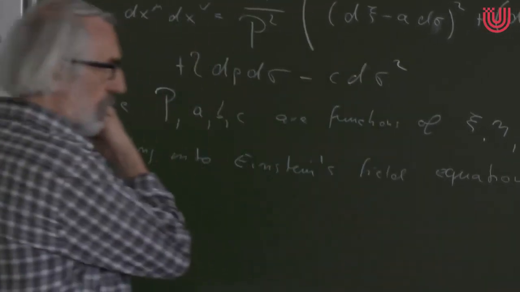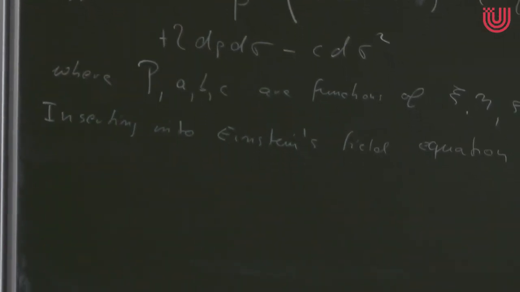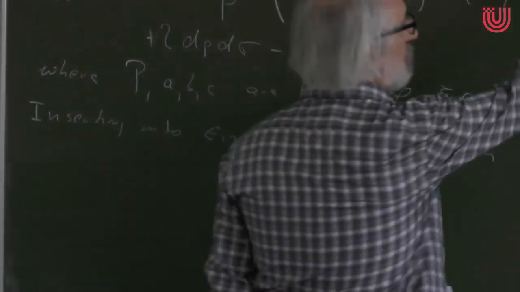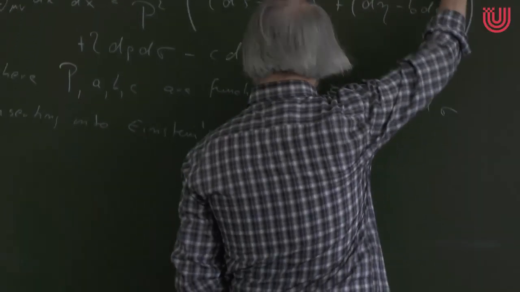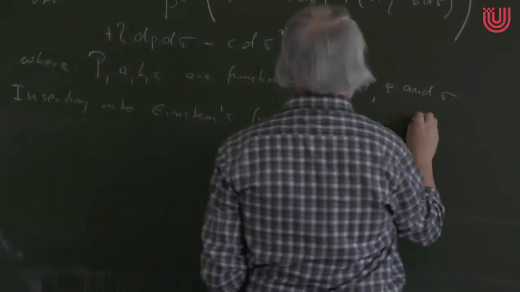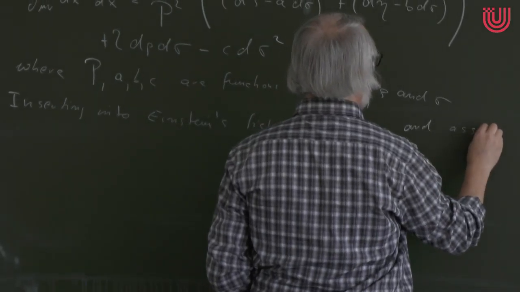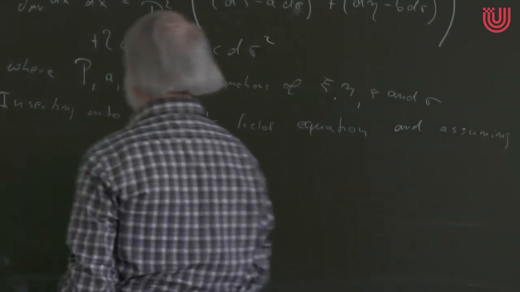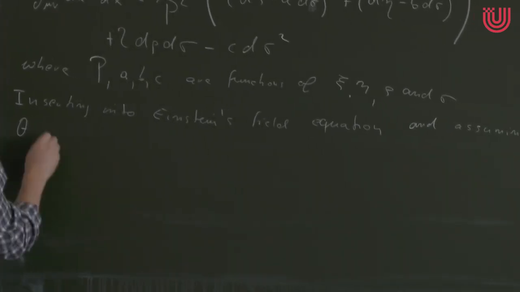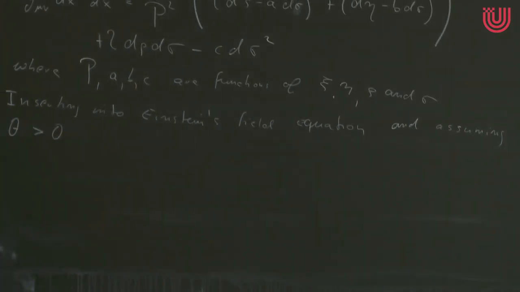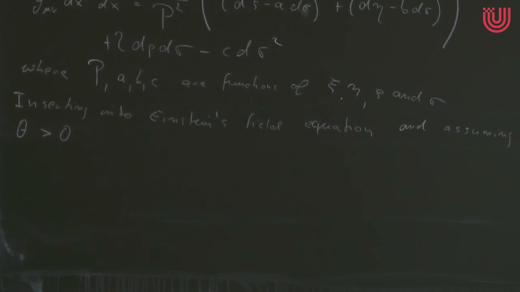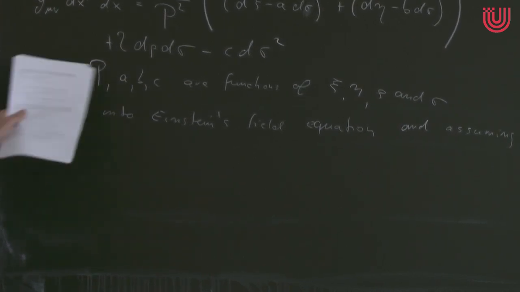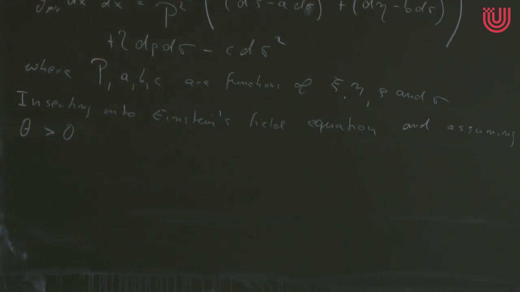When evaluating Einstein's field equation, you also use the condition that theta is different from 0, because you divide by theta at one point. So, inserting into Einstein's field equation and assuming theta is bigger than 0, really expanding. You can construct analogous families, of course, with theta smaller than 0, but you really have to assume that theta has no zeros. This goes into the derivation.